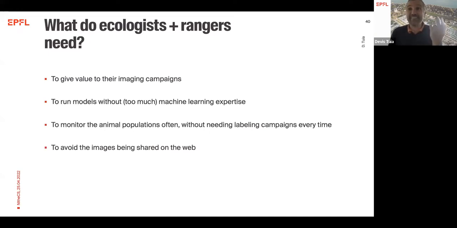But this is the type of thing we should be a little bit careful about when we work in conservation: not to give the people we don't want to have access to the information that access, just because we are doing everything in an open source and very crowdsourcing-friendly way.